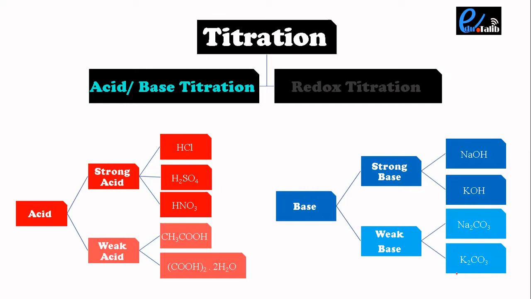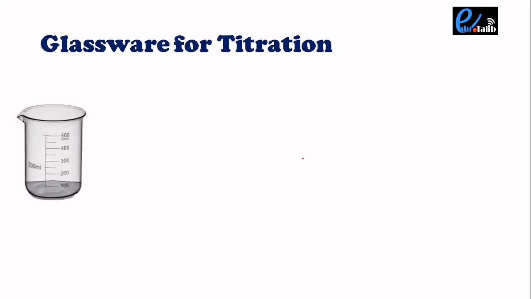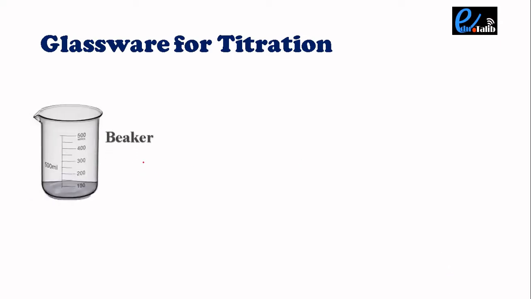Knowing all these acids and bases with their strengths, we can further understand the basic facts of acid-base titration. The glassware is very much necessary. First, we have to understand the glassware before we start understanding the titration. These are the basic glassware. One is the beaker, as we know.